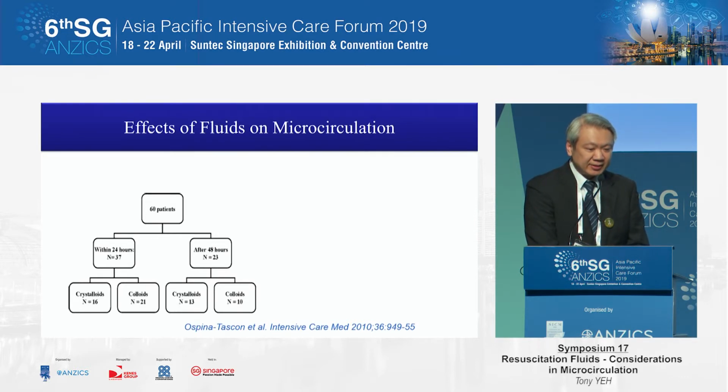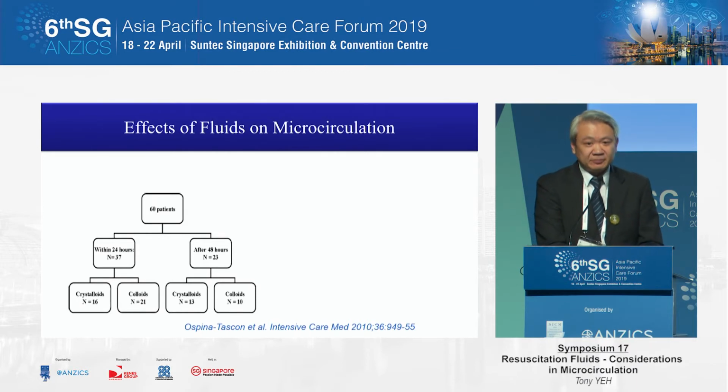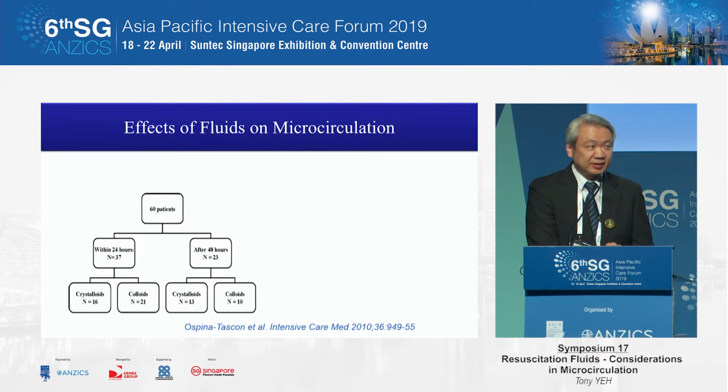In this study, as you can see, they tried to use crystalloid and colloid. Actually, in many animal studies, colloid can give better microcirculation, but the condition is very complicated in clinical trials.